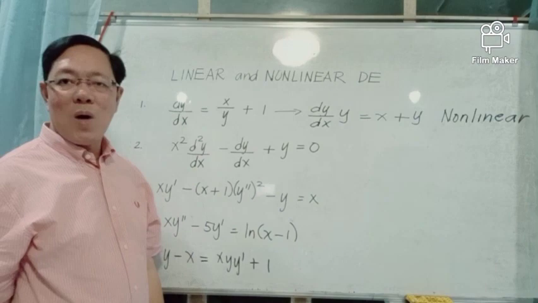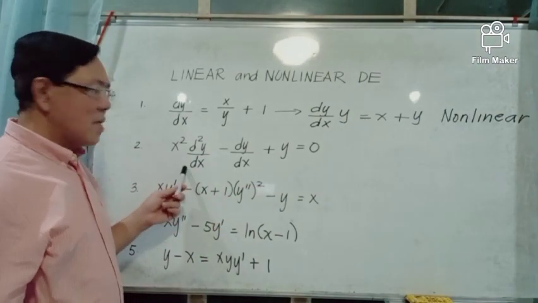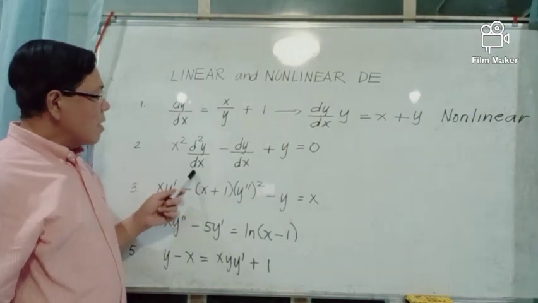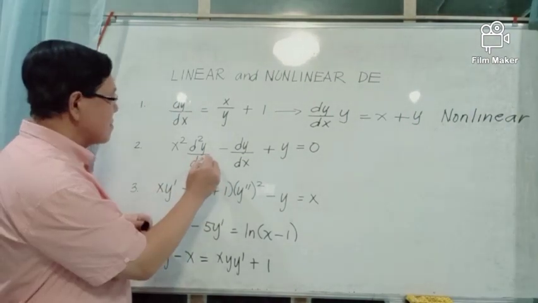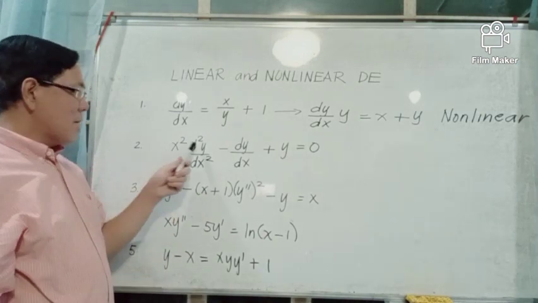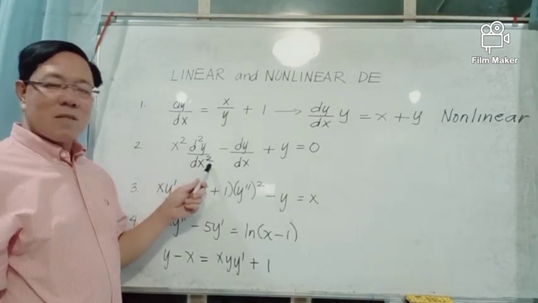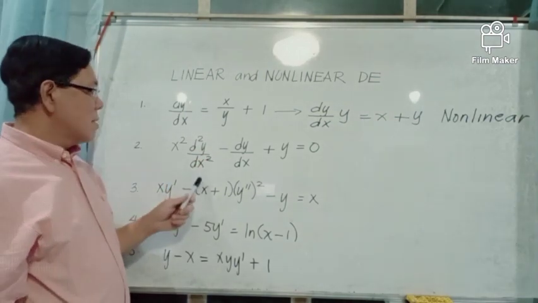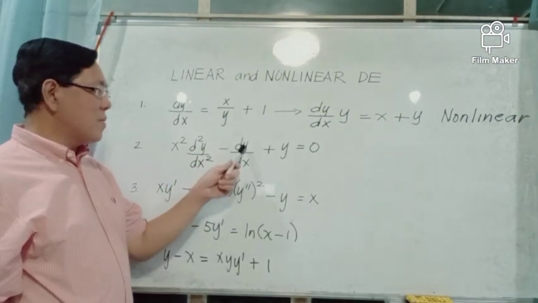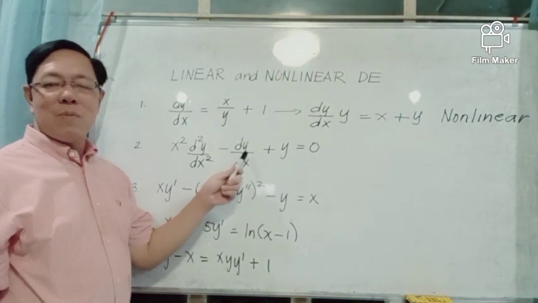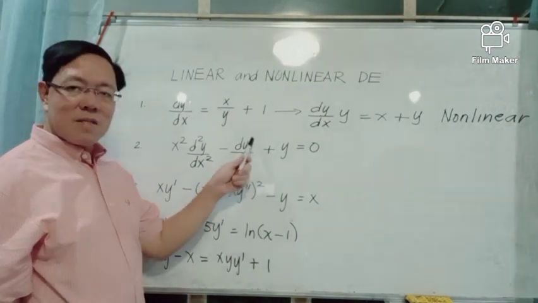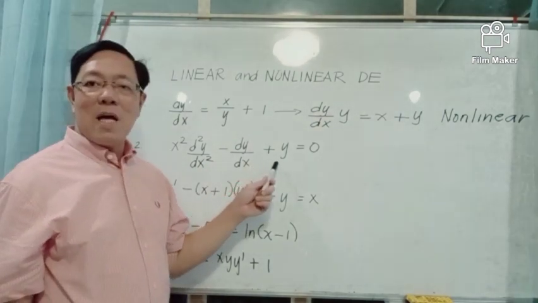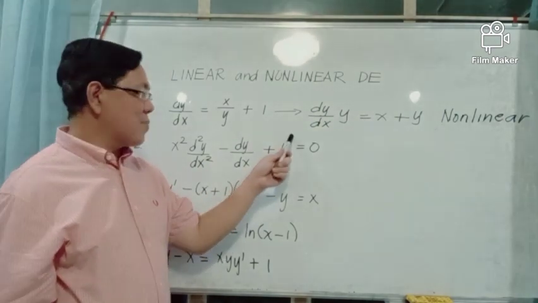Now we consider y and any of its derivatives in each term of the given differential equation. Here we have the second derivative of y with respect to x and its power is 1. In the second term, we have the first derivative of y with respect to x, and its power is also 1. And similarly, in the last term, we have y, and its power is 1.